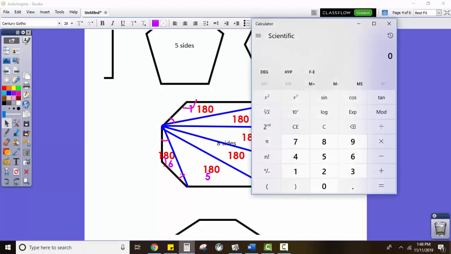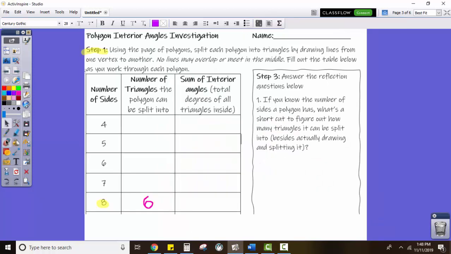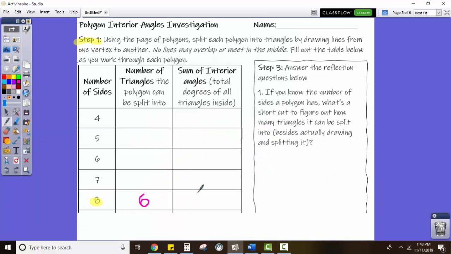So if I get my calculator, 180 times 6 gives me 1080 degrees. So I'll go back to my table and I'll write the total was 1080 degrees.